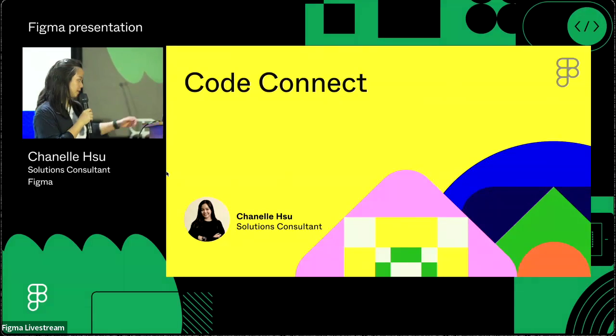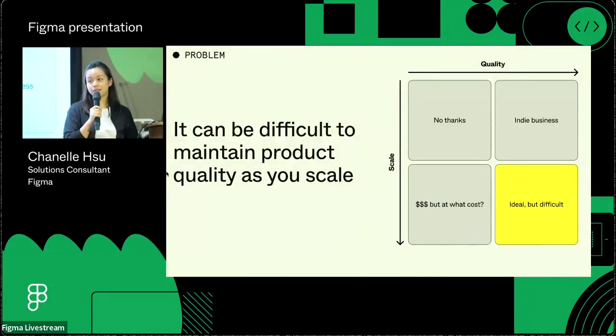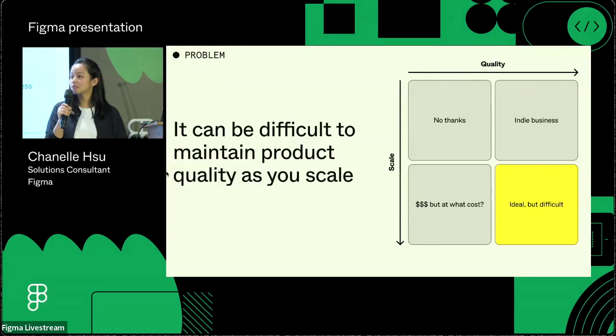And very fundamentally, in the last year of speaking with our users and our community, both developers and designers, we realized one fundamental problem and feedback that we get from our community. The first feedback is that as we start to scale as an organization, it gets harder and harder to maintain your product quality, right?